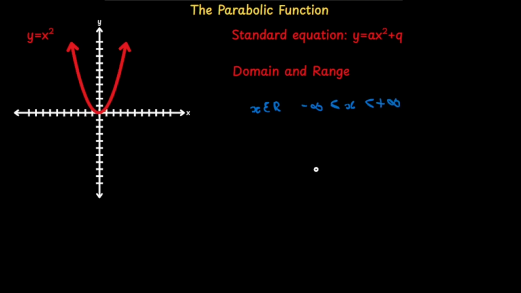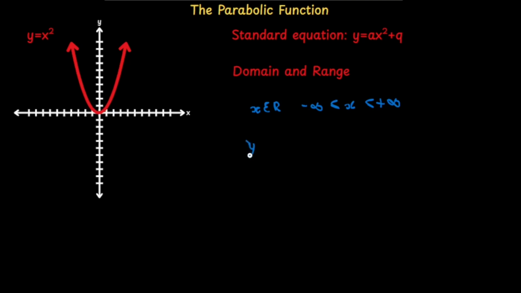Now, in terms of range, the parabolic function is a bit different. Can you guys see the turning point right here? Now, this turning point is important because the function will never go beneath this turning point if it is positive. It's a smiley face parabola, which means the range in this case would start off at 0.